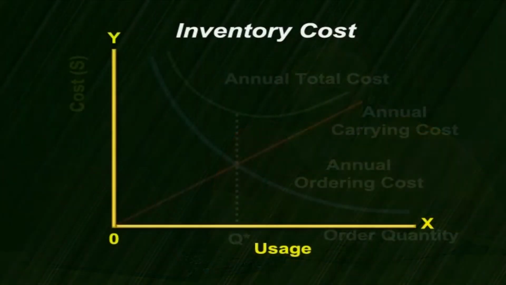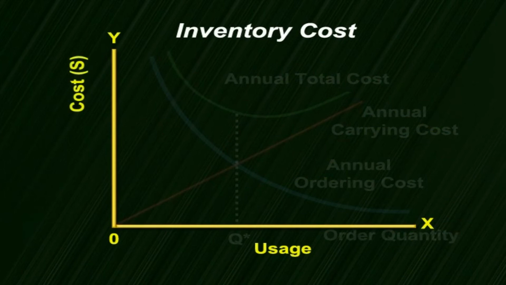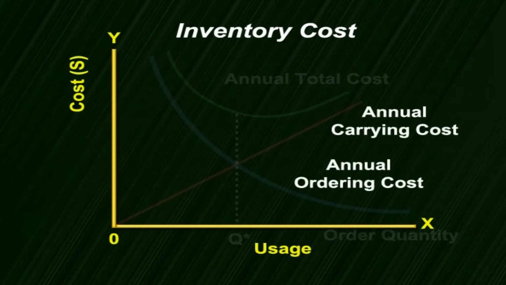First of all, we will learn graphical method. Under graphical method, we need to present the economic order quantity on a graph. So on x axis we will take usage, and on y axis we will take the cost. Now we need to draw 2 lines, one for ordering cost and another for carrying cost.